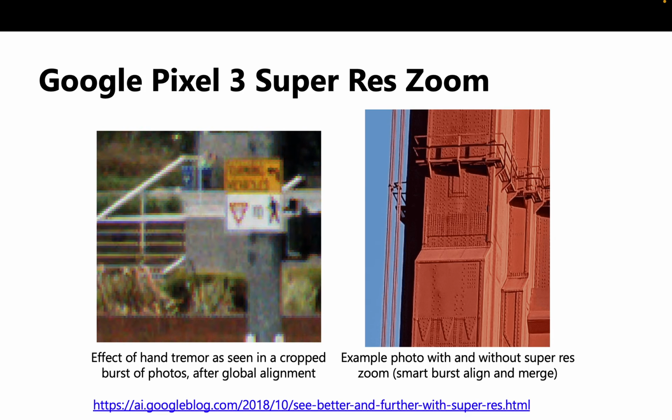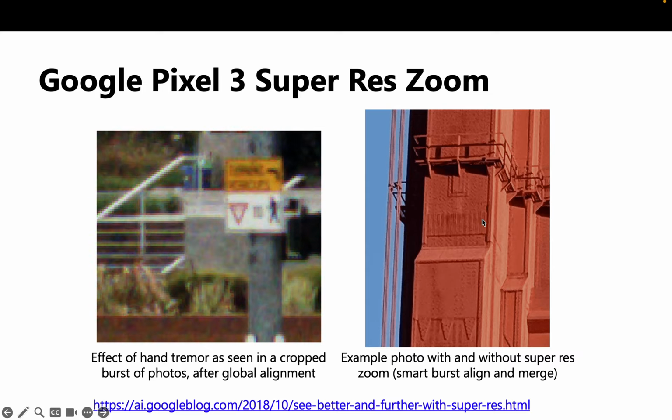So you can see there is a lot of this aliasing effect. And the right image is the image you capture with and without the super resolution zoom. You can see sometimes the image becomes blurred. That is without the super resolution. And with it, you can see the detail.